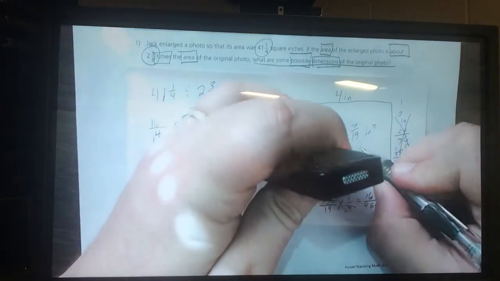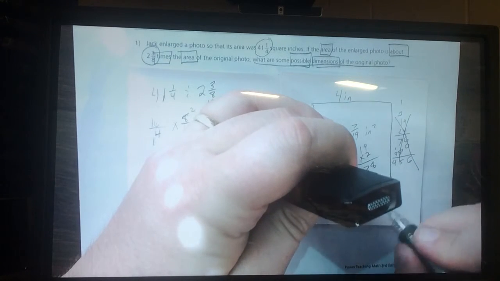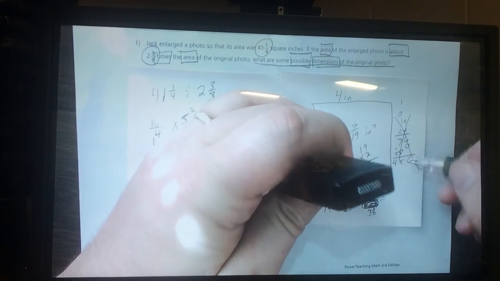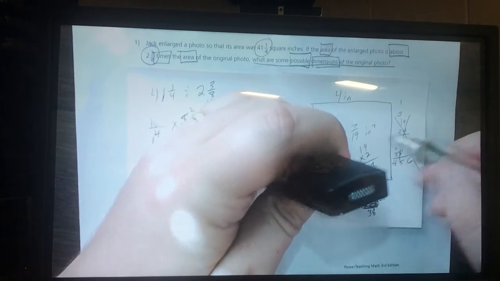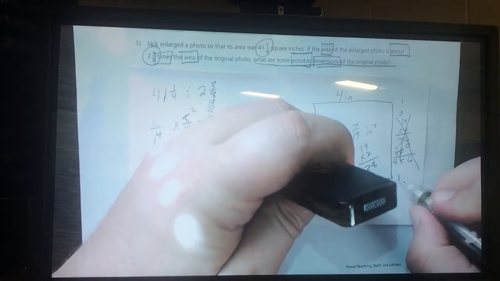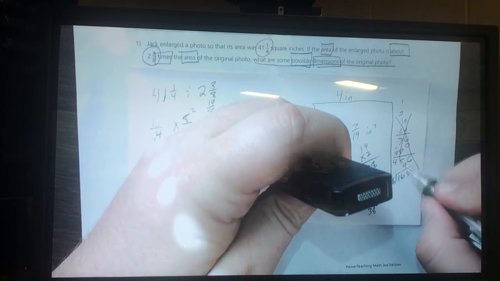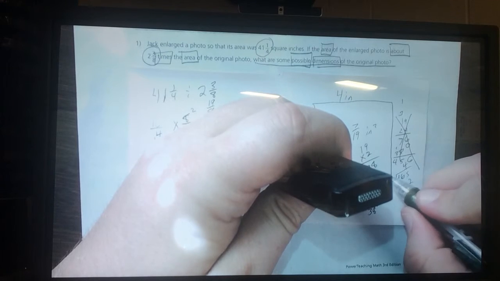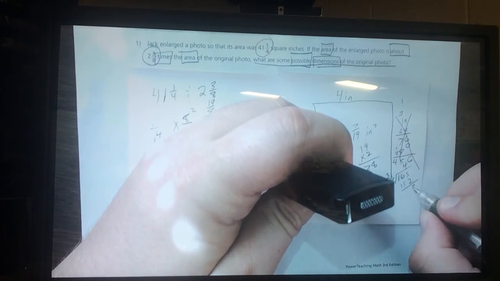So 19 times 2 is going to give me 38. So I can change this out, make it 38. And then how many groups of 38 can I get out of 165? So I'll divide 165 by 38, and I can get 4. 4 times 8 is 32. 4 times 3 is 12, plus 3 is 15, 13.